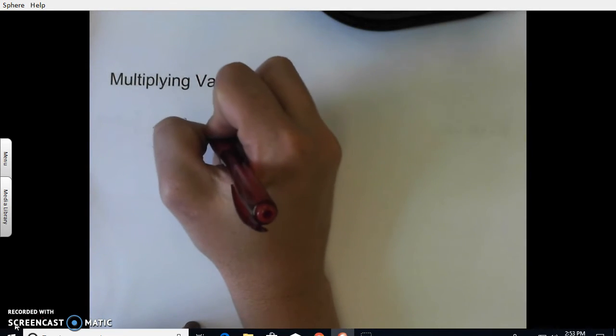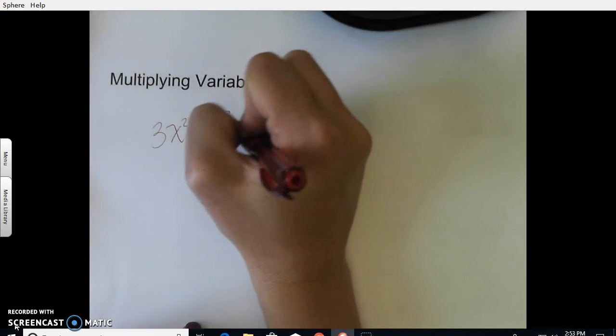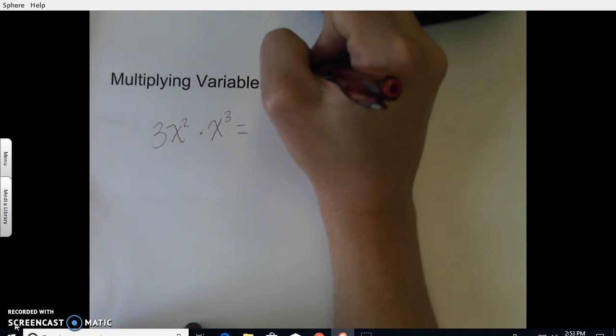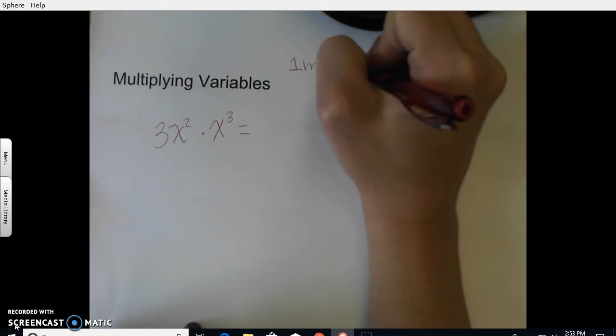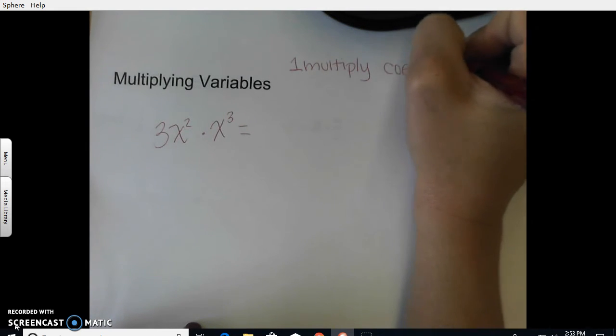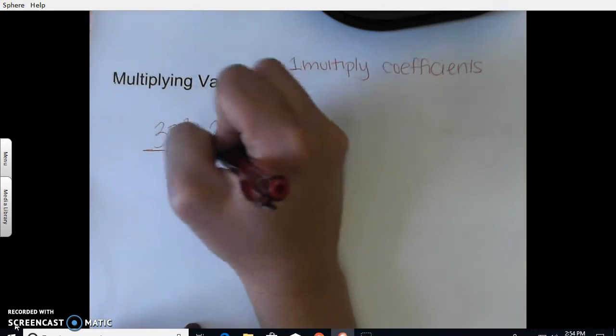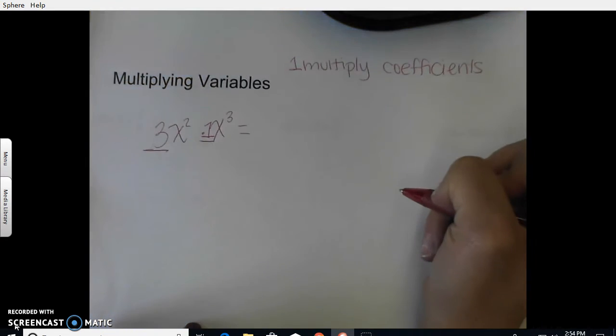When we're multiplying variables, we need to add our exponents. So if we had something like 3x squared times x to the third, we first multiply our coefficients, in this case 3 and our imaginary 1.